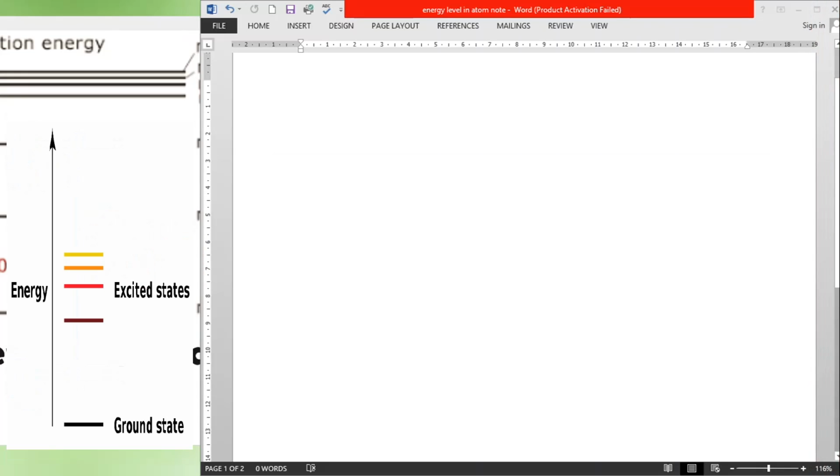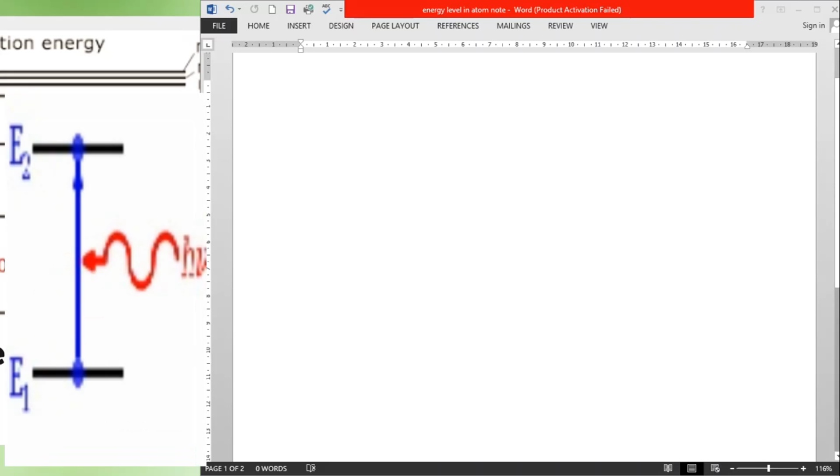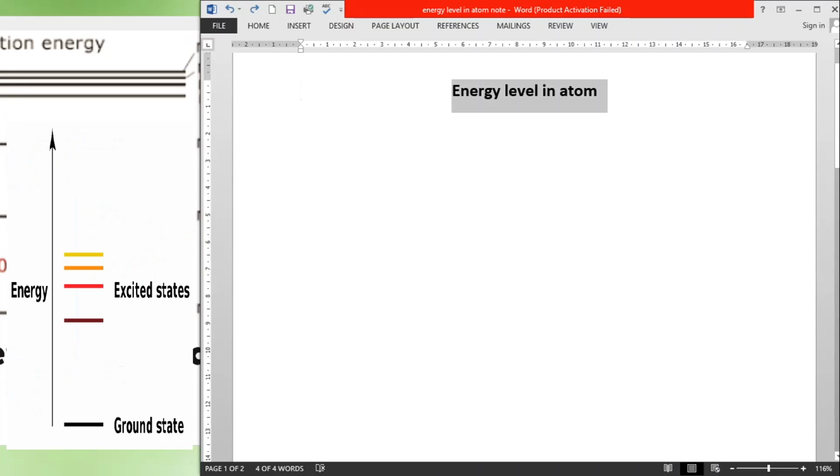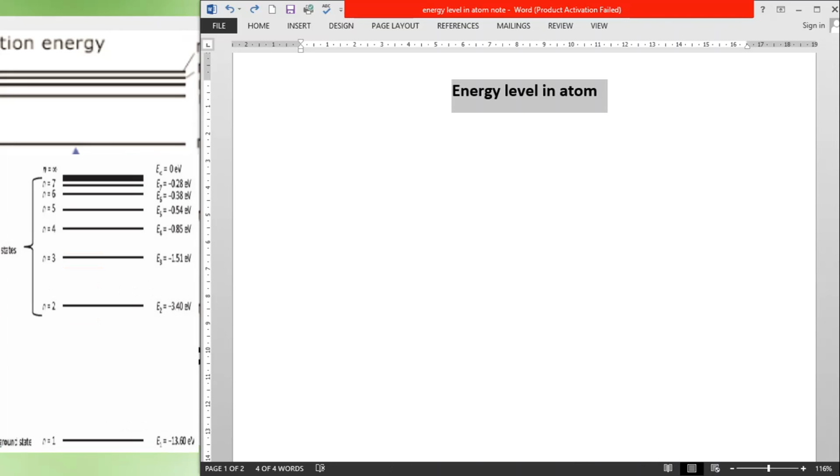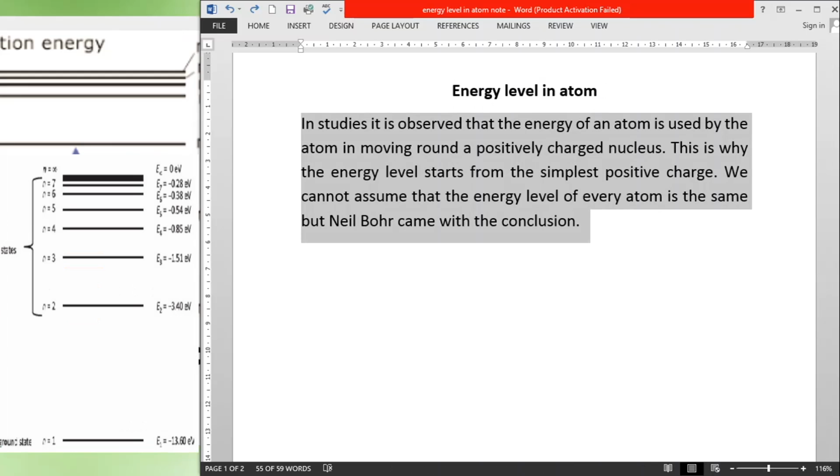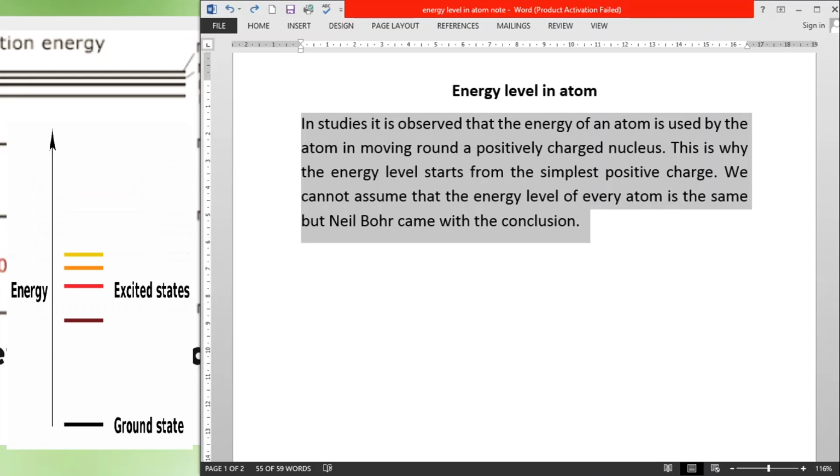So today we are going to be looking at energy level in atoms. Previously in studies, it is observed that the energy level of an atom is used by the atom in moving around a positively charged nucleus.